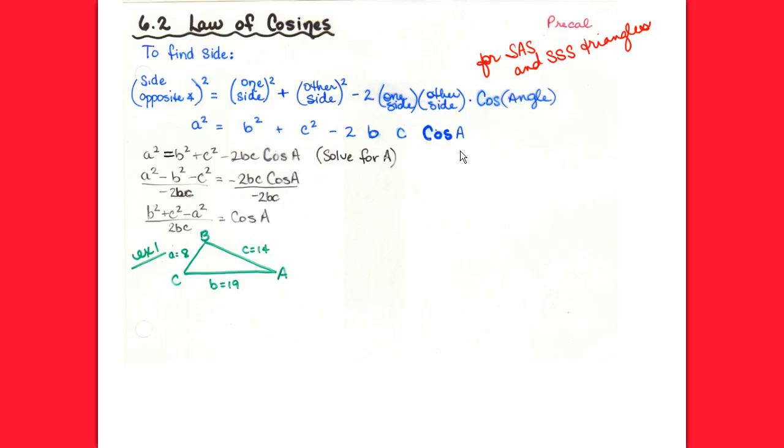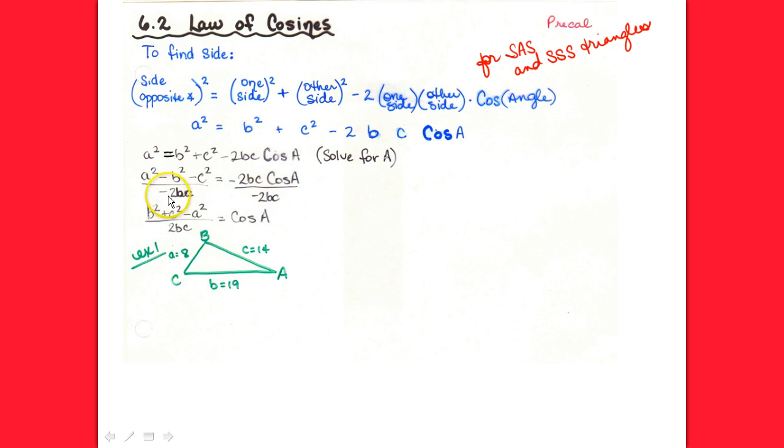The alternative forms just come from solving the standard form for the angle. For instance, here's that standard form. If I solved for cosine A, I'd have to subtract the B squared to the other side and subtract the C squared to the other side. So now I've got A squared minus B squared minus C squared equals negative 2BC cosine A. To get cosine A by itself, then, divide both sides by the negative 2BC.